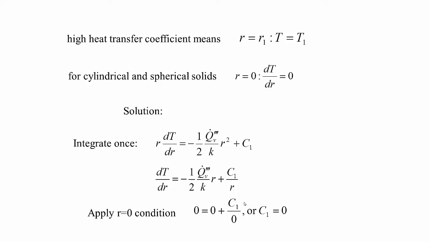So for sufficiently high heat transfer rate, and we'll talk about this later, let's say high heat transfer coefficient, it means that the surface temperature is equal to the free stream temperature, or the reservoir temperature.